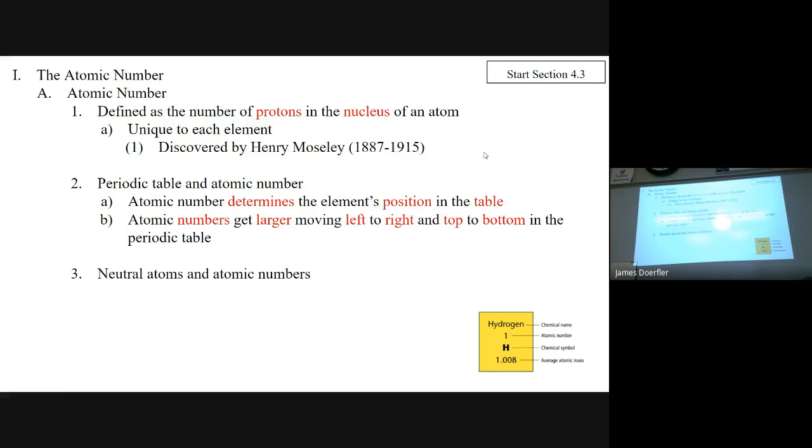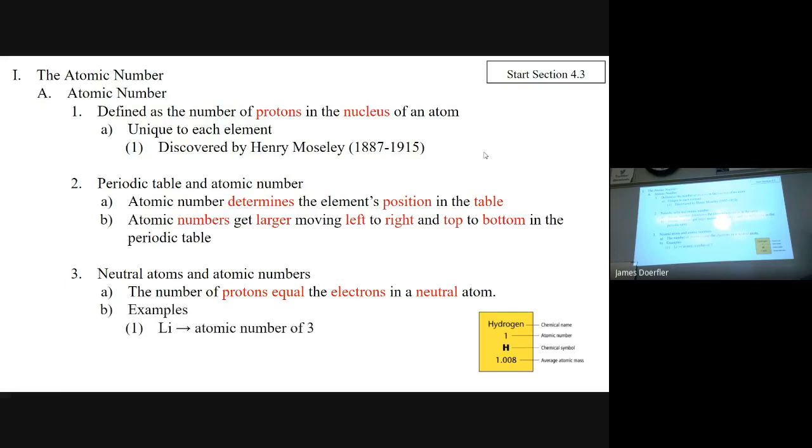Protons and electrons. Very good. So the protons equal the electrons in a neutral atom. Electrons being negative, protons being positive, and they have the same magnitude of charge but opposite, so they cancel each other out.